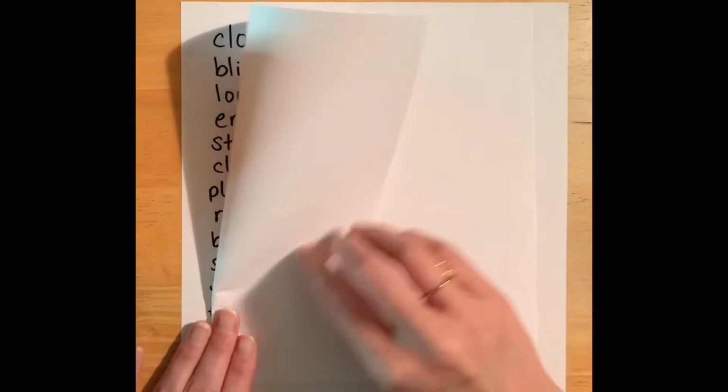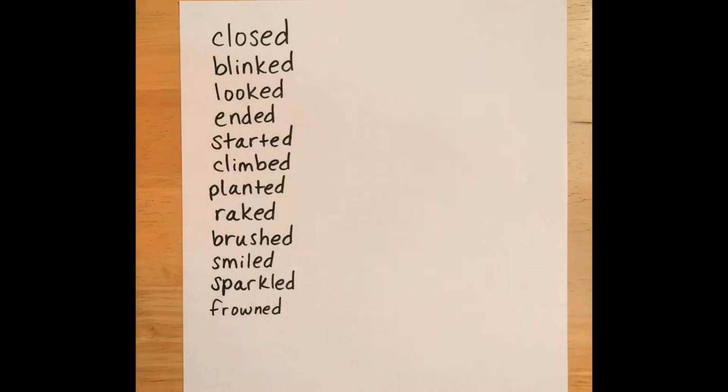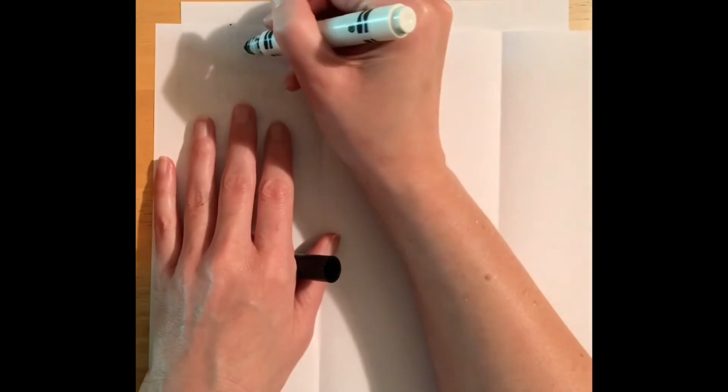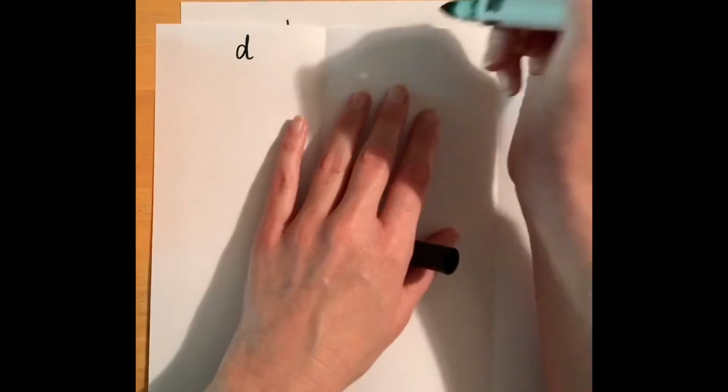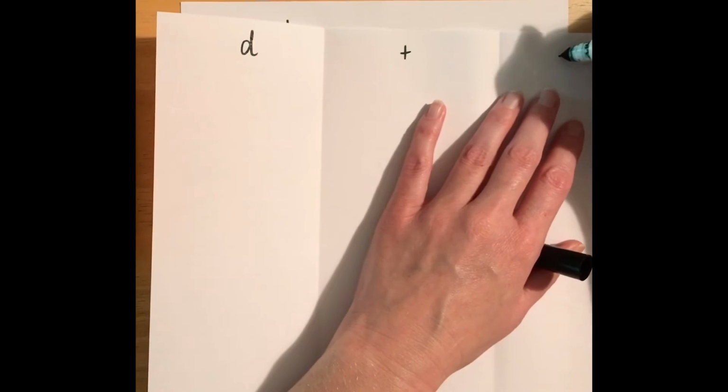So you only need to fold it twice. Then you're going to label your paper. In the first column, you'll write a letter D. In the second column, a letter T. And in the last column, ED.